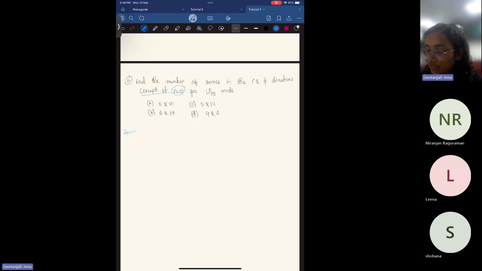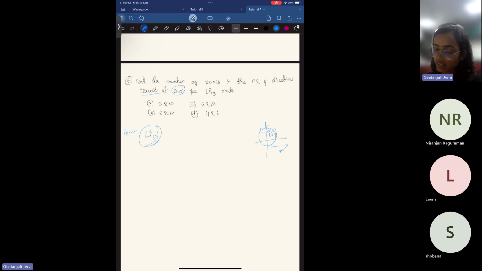So how can you approach this type of problem? When we have the given profile LP35, how can you find the total number of zeros in the phi direction, which is this direction, and in the r direction, which is the radial direction?